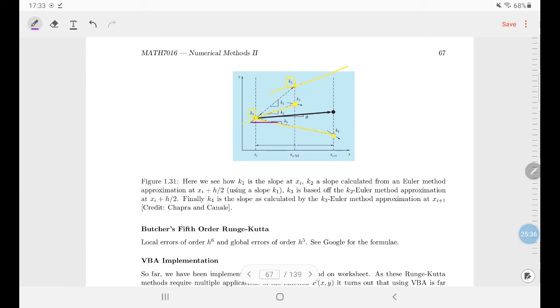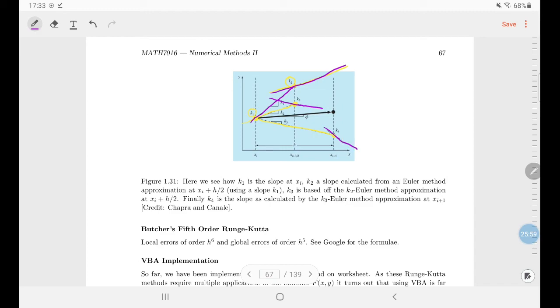This initial slope, the slope here, then you use that K2 to find a better approximation of what's going on at the midpoint. Then find the slope there, and use that slope we just calculated to estimate the slope at the end of the interval.